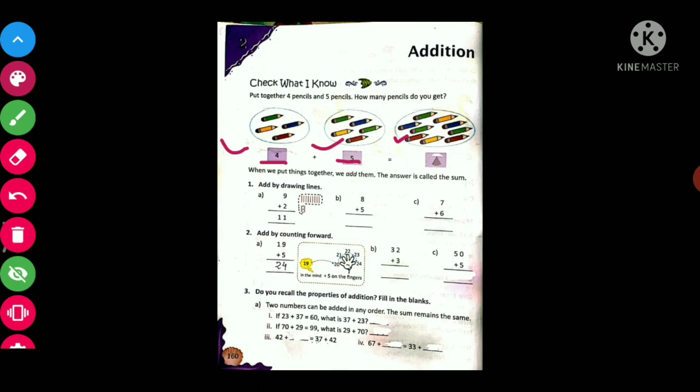Okay, if we count all these pencils, how many pencils are there? 9, right? So you have to write 9 here. Okay, now what you will do? You will do question number 1, 2 and 3 in your book. Okay, this one you already know.